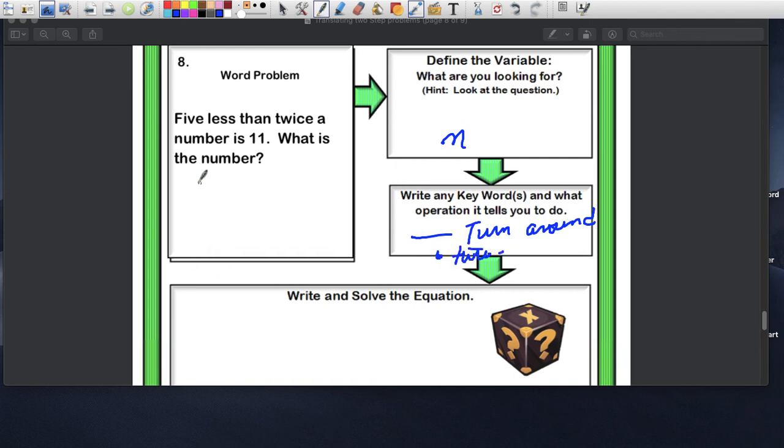So let's do that. So let me write this. 5 is 5. Less than is subtraction. Twice a number is 2n. The word is equal, and 11, right? So remember what I said, we see the less than, we need to switch positions between these two terms. So the 2n is going to come first, and the 5 is going to switch up.